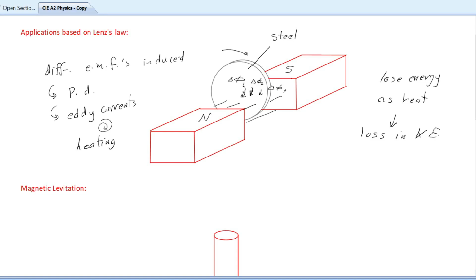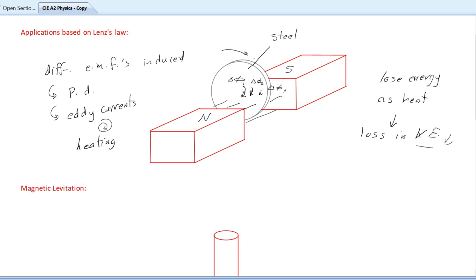It keeps cutting the field, and there's an induced EMF in each part of this disk, and there's a potential difference between parts of the disk. So that will create an eddy current in each section of the disk, and these currents heat the disk up, making it lose kinetic energy since this heat is dissipated to the surroundings and increases the internal energy of the disk, so the kinetic energy must decrease.